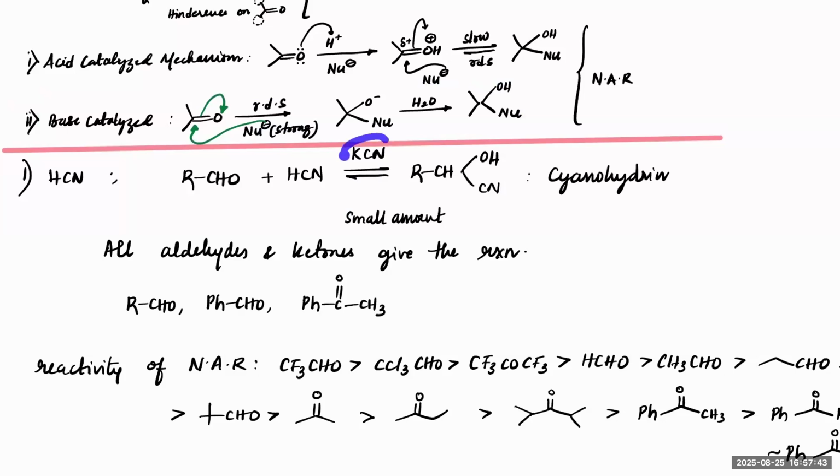If you do not put KCN, then it will go with the first type of mechanism. So first H plus gets added, after that CN minus gets added. Correct? So I think the reaction is clear.